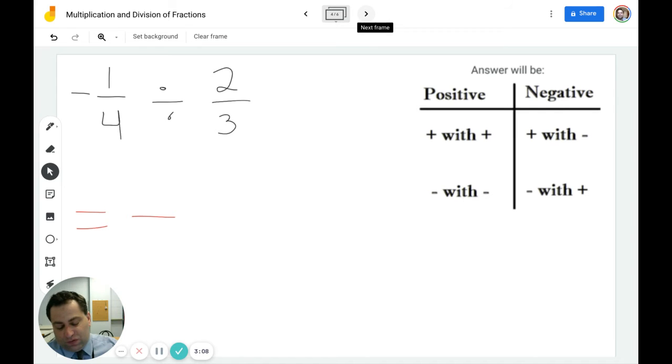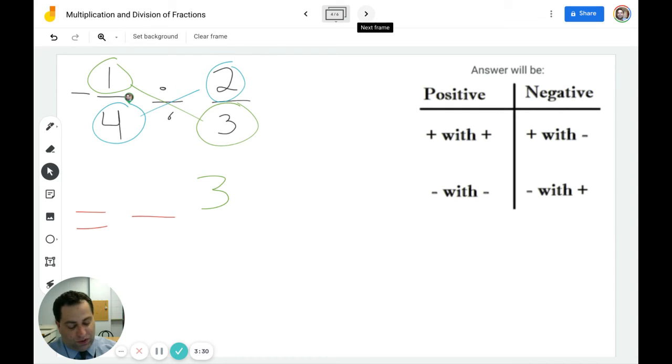Just like the strategy with addition and subtraction, we're going to start in the upper left and multiply to the lower right. So we have 1 times 3, that is going to be 3. Then we go to the upper right, and I have 2 times 4, that's going to be 8. And I get a final answer of negative 3/8.